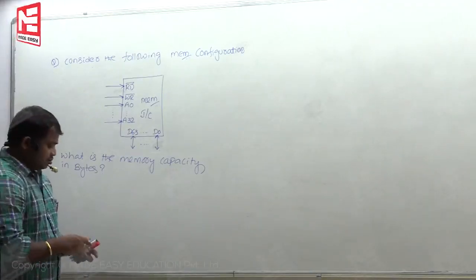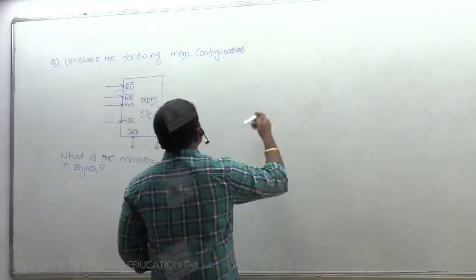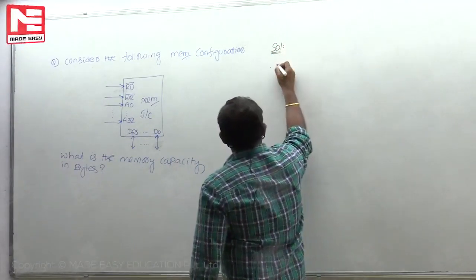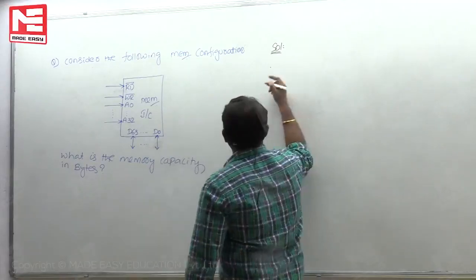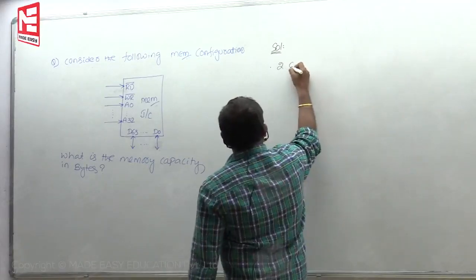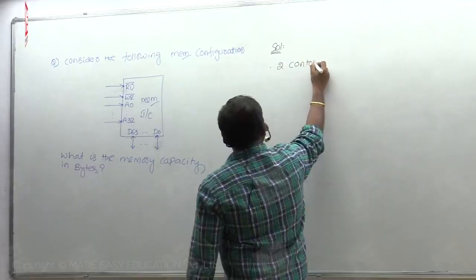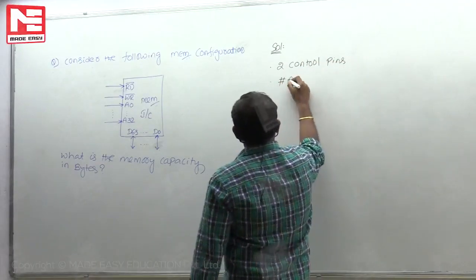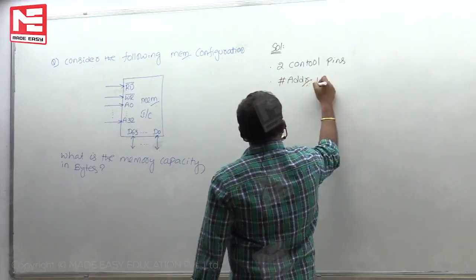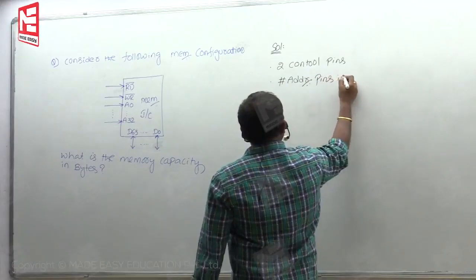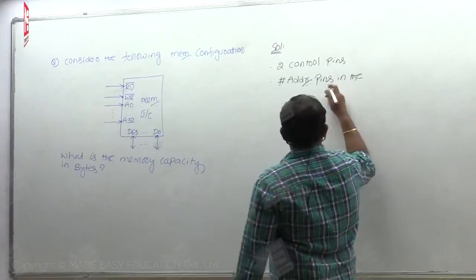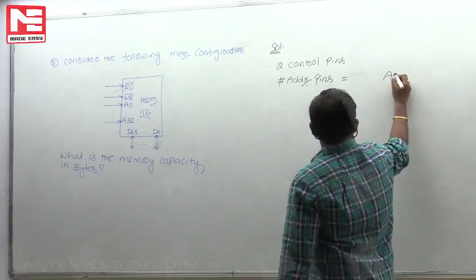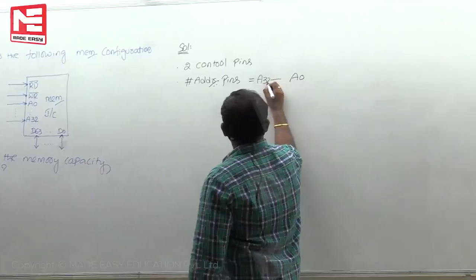Okay, right. The solution is: first we need to identify the pins present in the memory IC. Two control pins given. Now the number of address pins, given as A0 to A32.